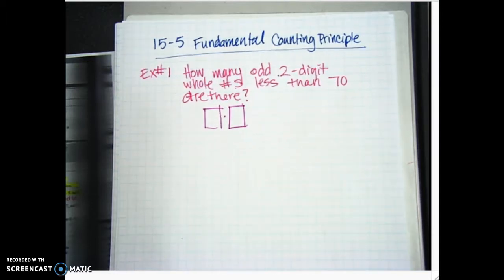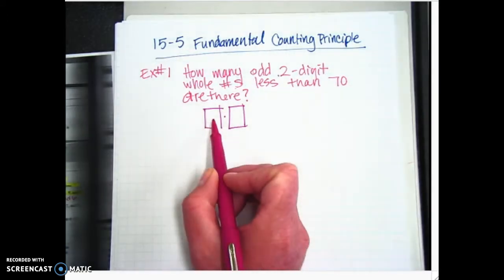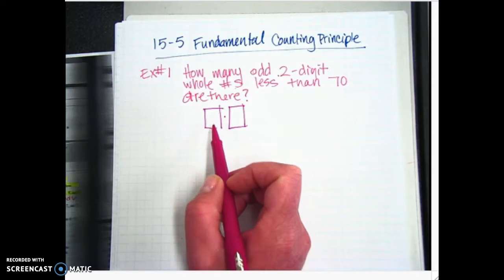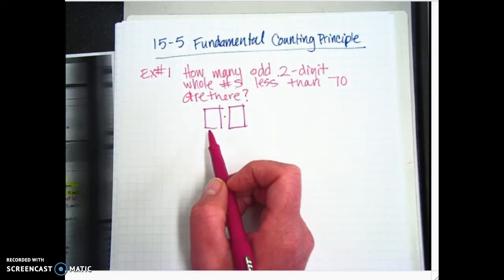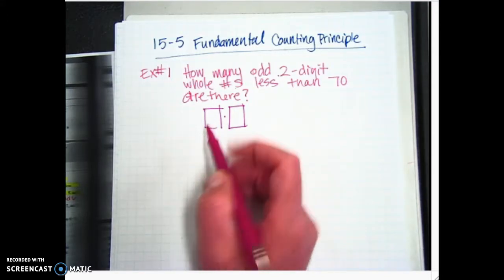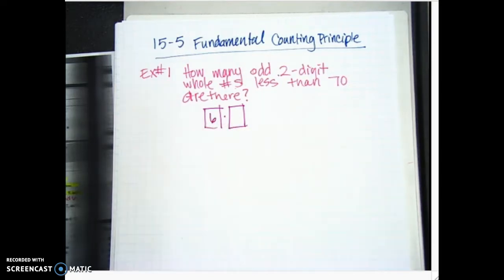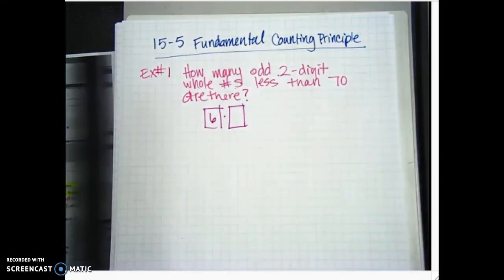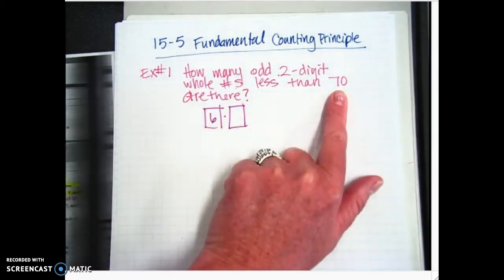So think of the digits. How many choices do we have for the first box? Would 1 work? Yes. 2, 3, 4, 5, 6. So there are 6 choices for the first digit: 1, 2, 3, 4, 5, or 6, because it's 2 digits and just has to be less than 70.